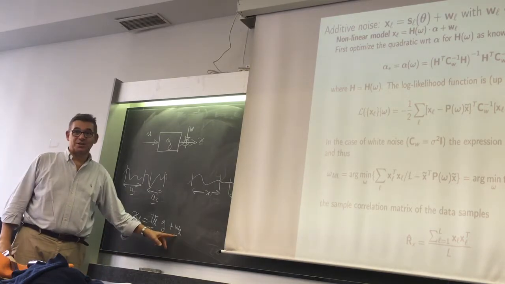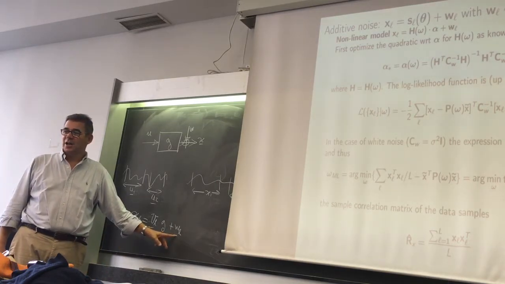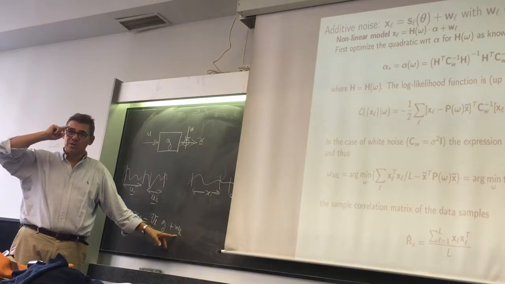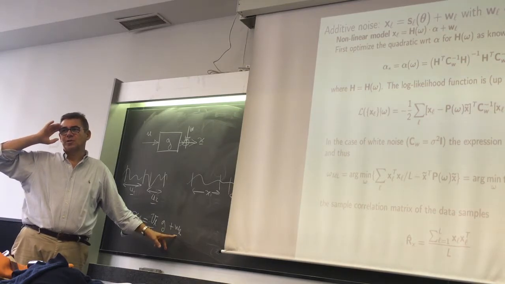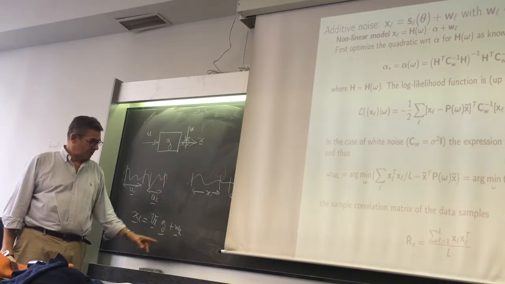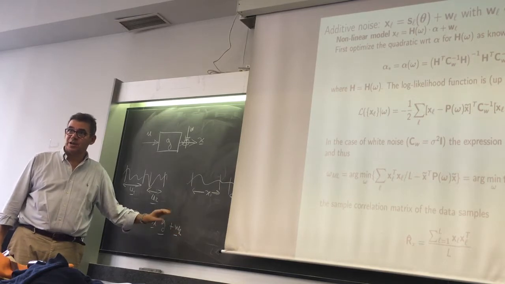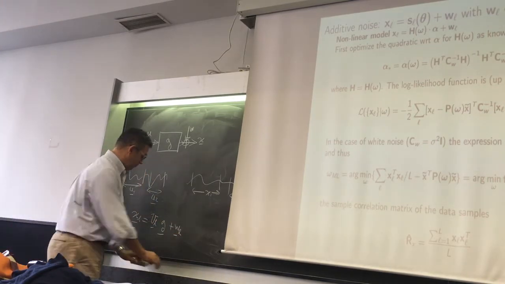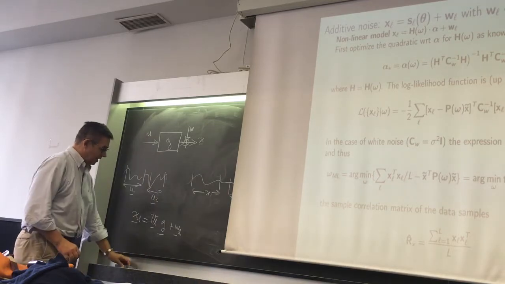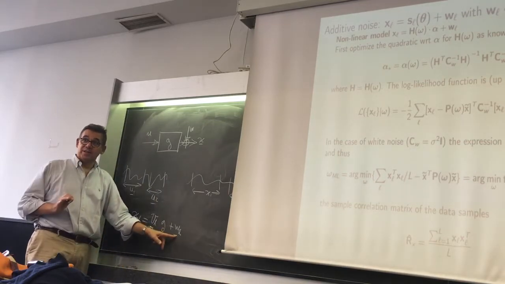If the noise is not stationary, for instance, I think it was in one of the old exams or homeworks, maybe some years ago, the noise was not stationary; it was varying. The covariance was varying. So you have a set of data, like in this case, and the covariance was not fixed.